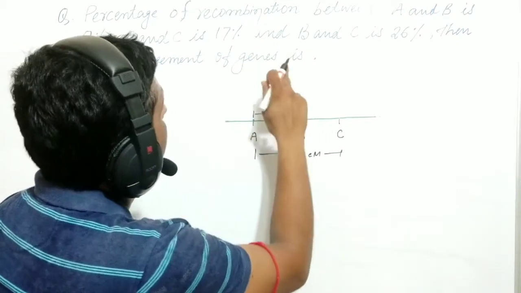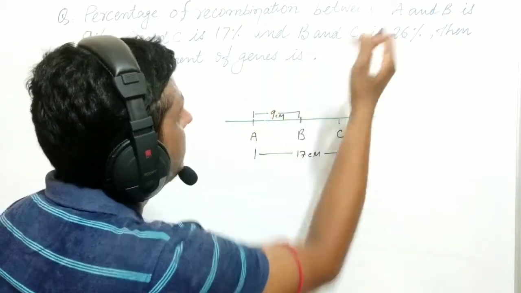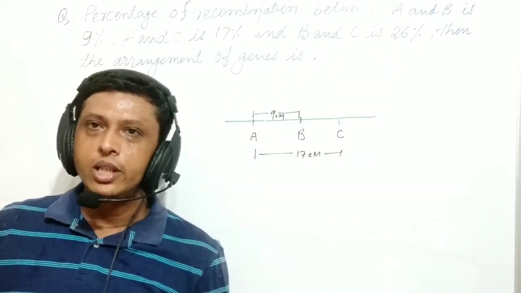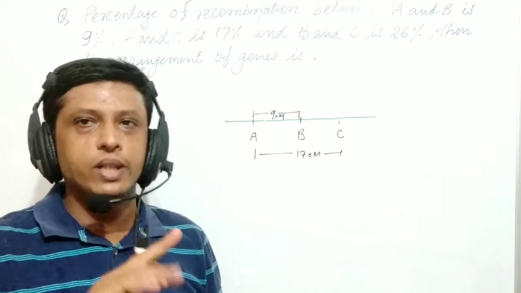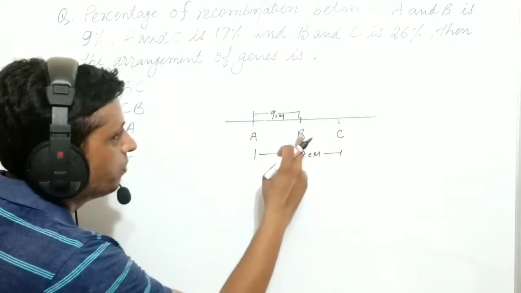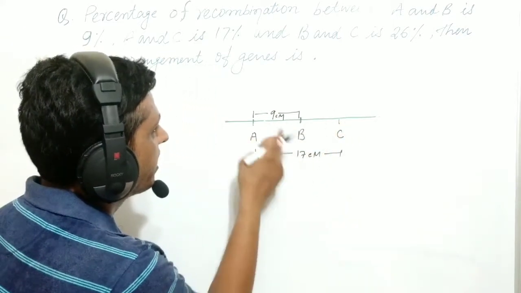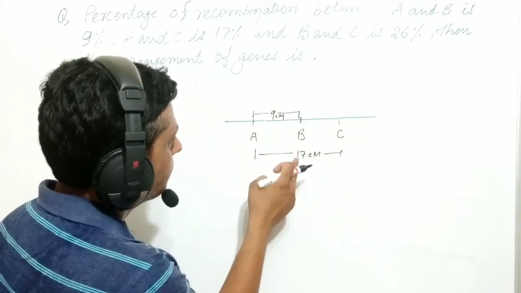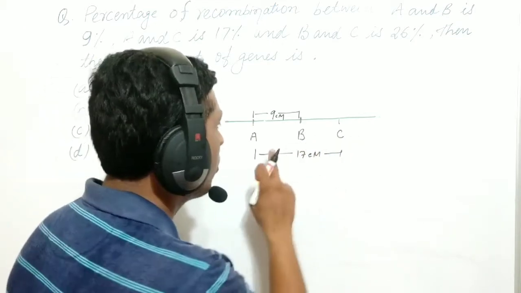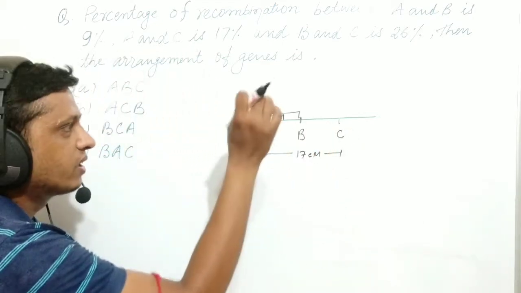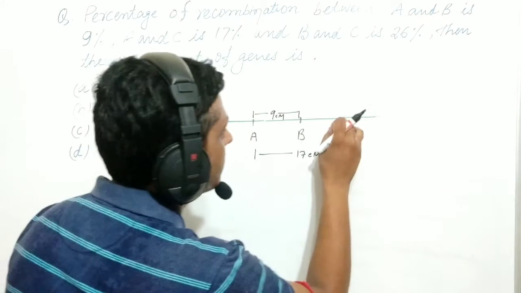Now the distance between B and C is 26 map units. Recombination percentage is 26, that means 26 map units. Now between B and C it is not 26, we are getting only 8 map units. So the C gene is not here.